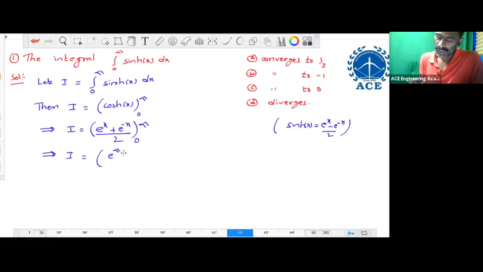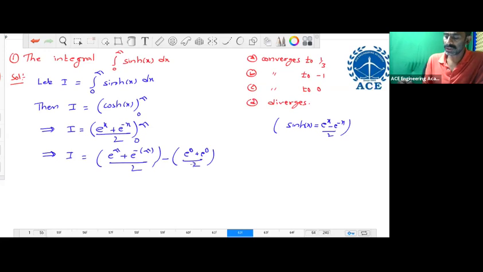That is e power infinity plus e power minus infinity divided by 2, minus e power 0 plus e power 0 divided by 2. 1 plus 1, 2 by 2, is 1, so minus 1. Next, e power infinity is infinity, e power minus infinity is 0, which implies infinity plus 0 by 2 minus 1. So infinity minus something is infinity.